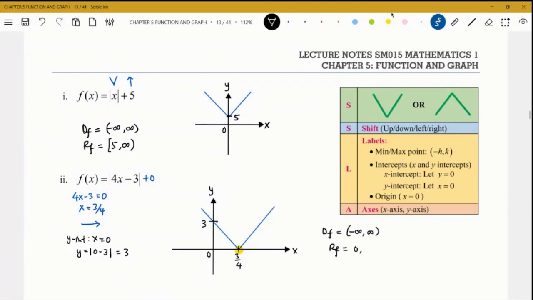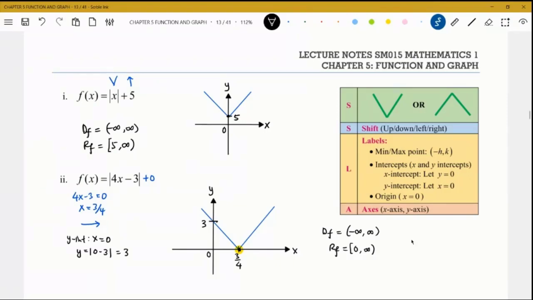So 0 towards positive infinity, since we have a point here, it's going to be square bracket, open bracket. Okay, so that one is the second example for the absolute values.